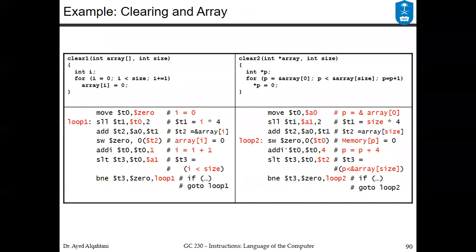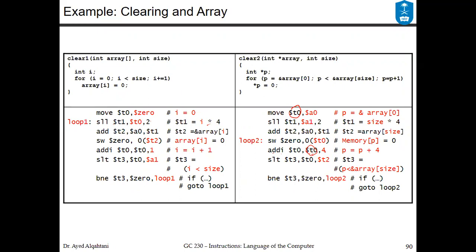And after this, you add immediate. Notice now, before, when you increment the I, you increment by 1, because you know when you go back to the first of the loop, you will shift it by 2 to multiply it by 4. But here we don't have to. We can directly have the value T0, which is this one, and we add 4 to it to go to the next member.